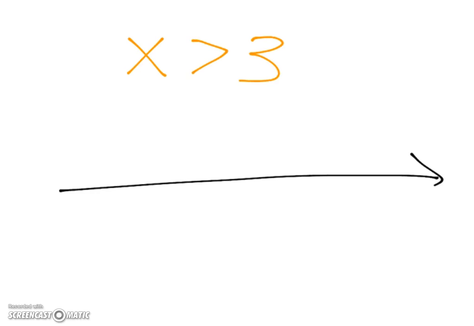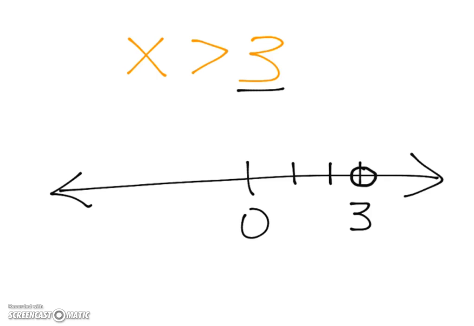So if x is greater than 3, I'm going to then have to put this onto a number line. So I start at 0, and my number is positive 3, so I'm going to count 1, 2, 3, and here's 3. Since there is no line underneath the symbol, we're going to put an open dot, and x is bigger than 3, so it should be an open dot going to the right.